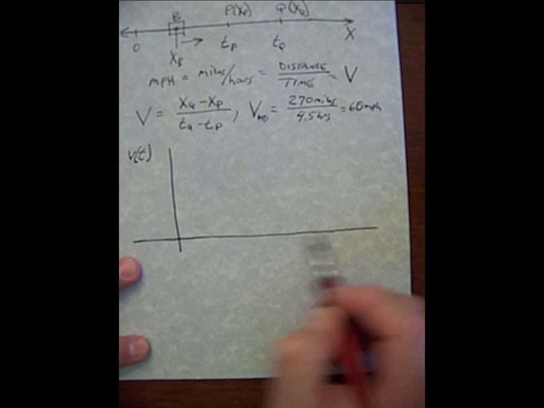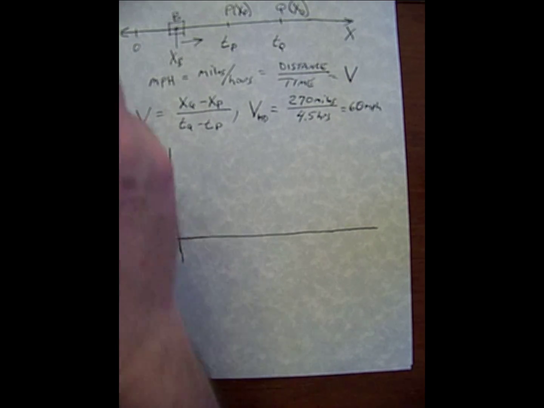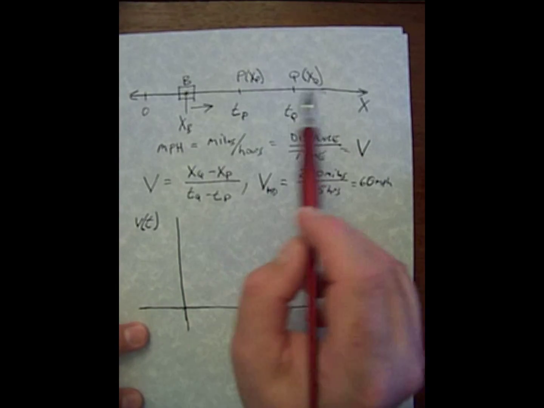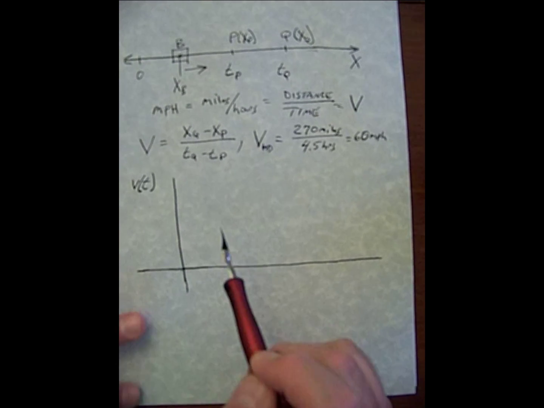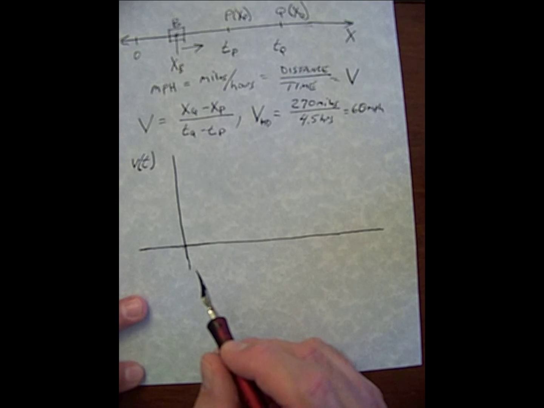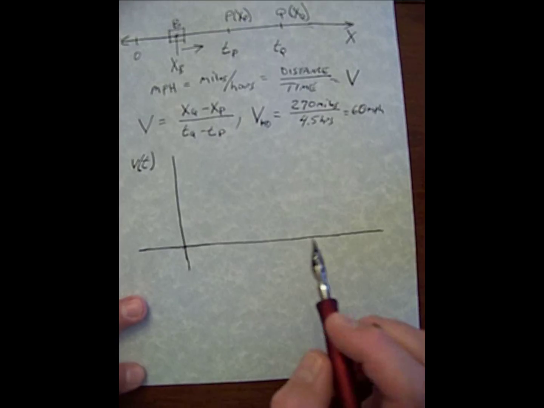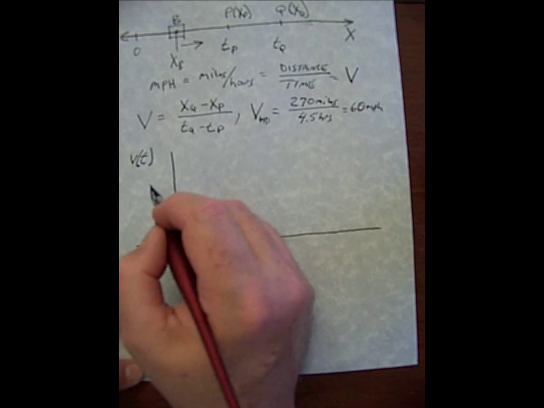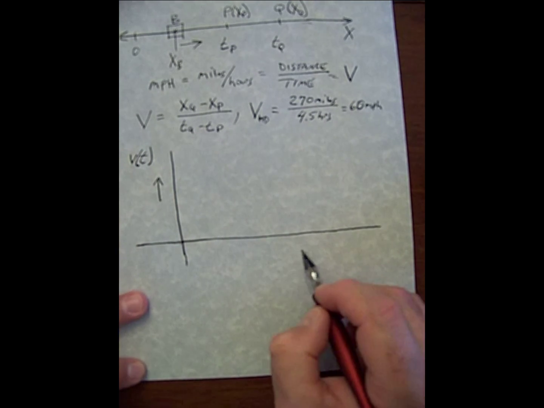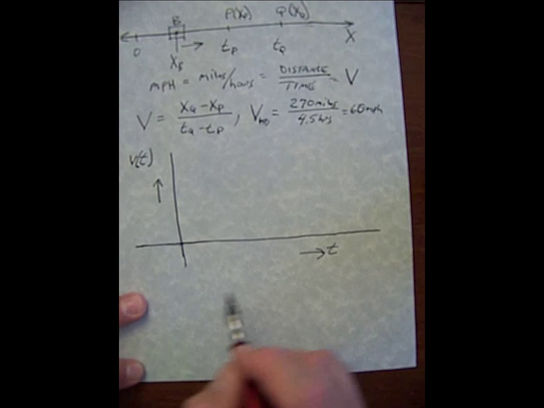And this is something that we do quite a lot. We're actually looking at a one-dimensional problem, but in order to do that, we need to go up one level of dimensionality to describe what's going on here. So I have a two-dimensional space. This axis is velocity. This axis is time.